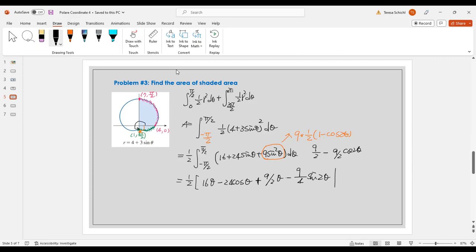Then you put in the upper bound and the lower bound.